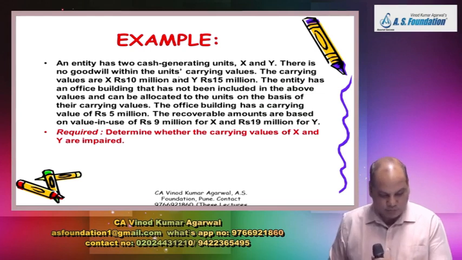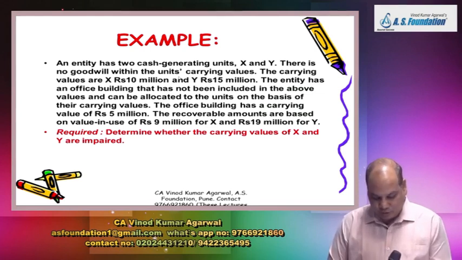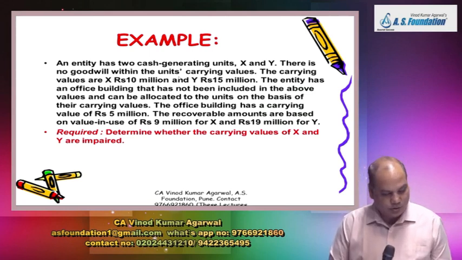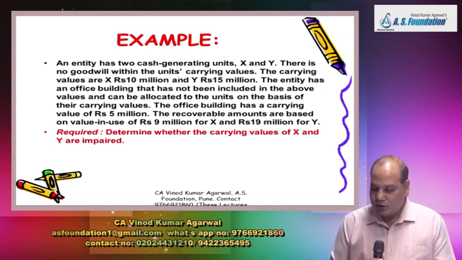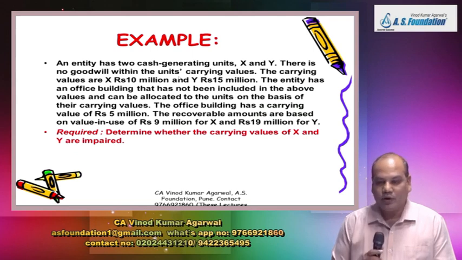Check this question. An entity has two cash generating units, X and Y. There is no goodwill within the units' carrying value. Carrying values are 10 million and 15 million. The entity has an office building that has not been included in the above values and can be allocated to the units on the basis of their carrying values.